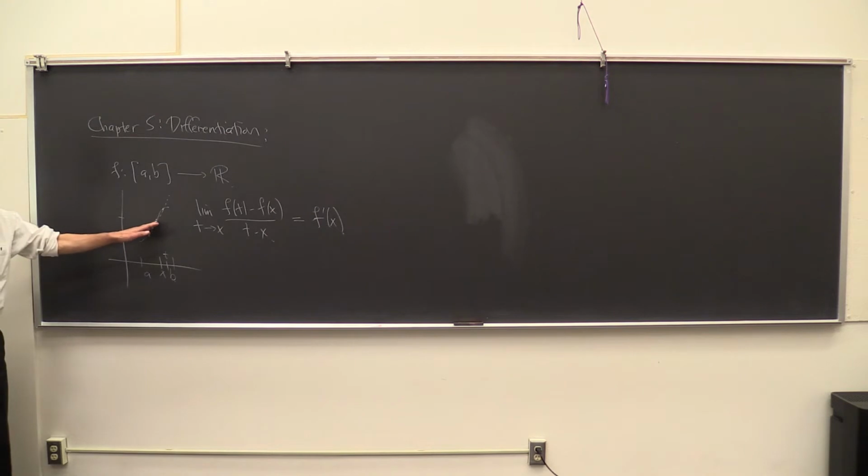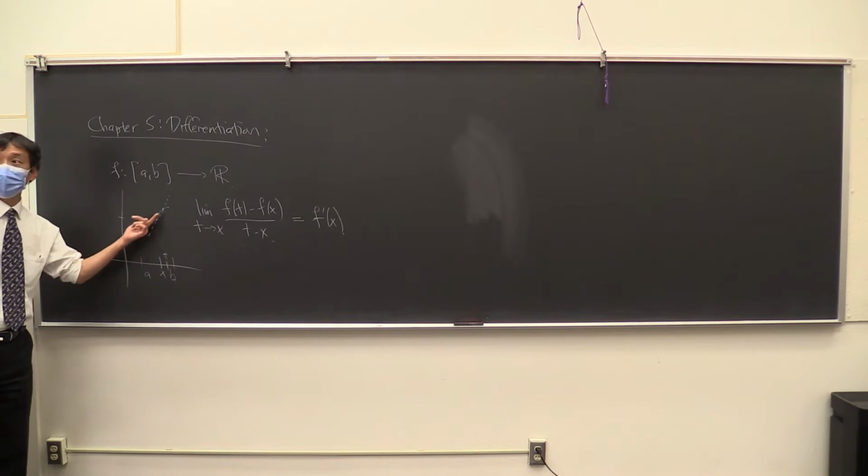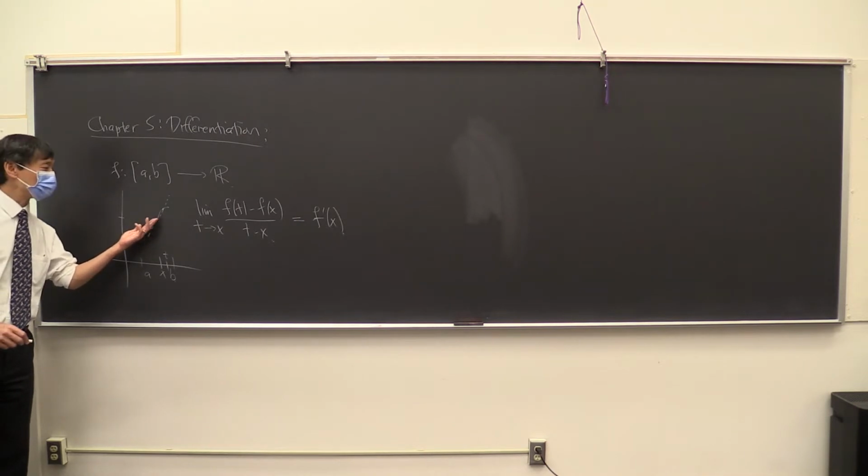Pictorially, it would be the slope of the tangent line, right? The slope if you took the slope just at that one point.